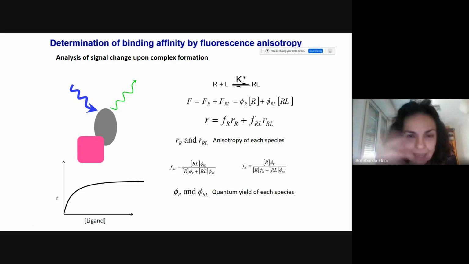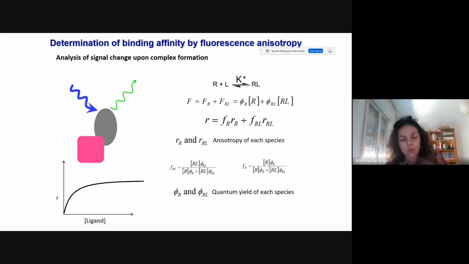And then afterwards, we will consider some practical aspects. Actually, that was more theoretical. But then practically, what we will do when we do a fluorescence measurement.